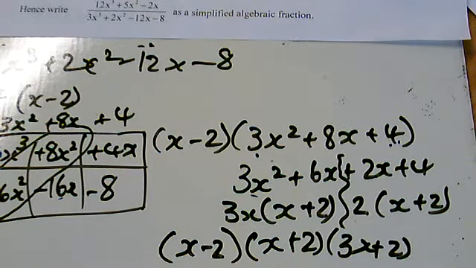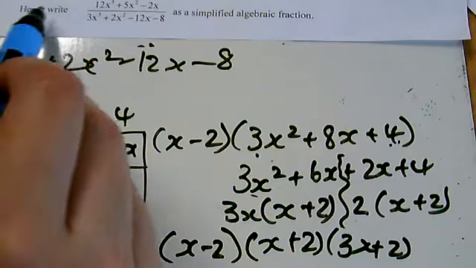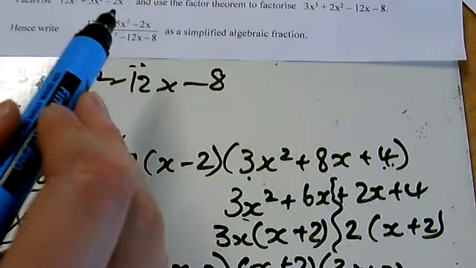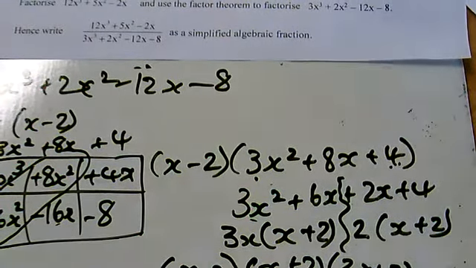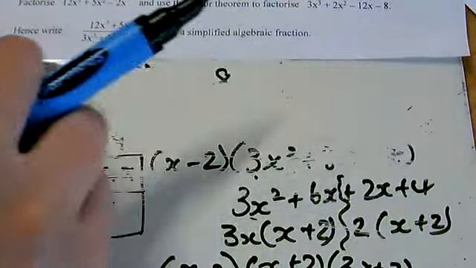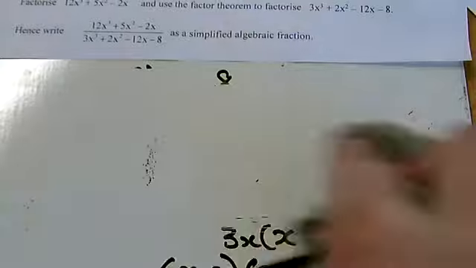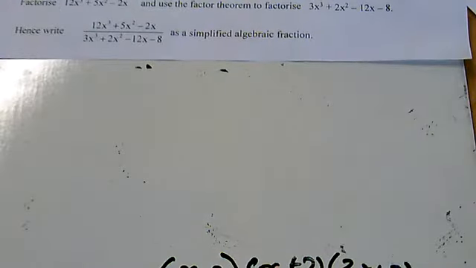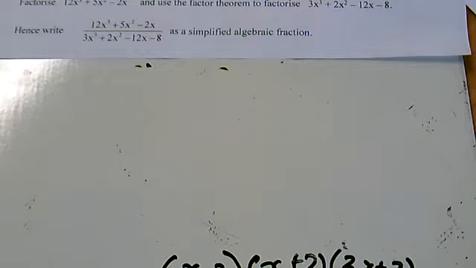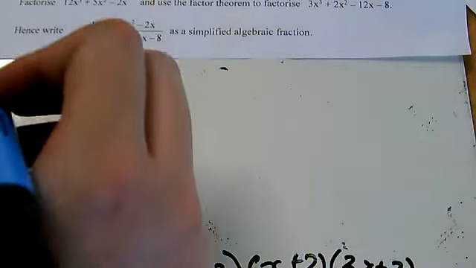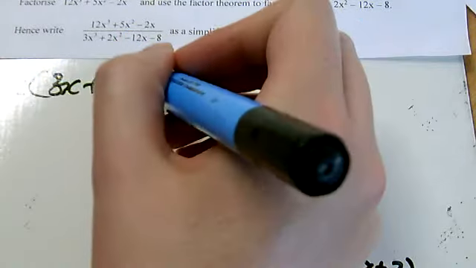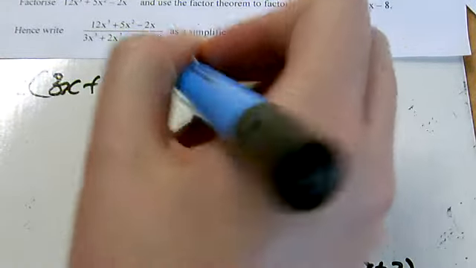Okay, so using that, it says hence, so we're meant to use what we've just done. We need to simplify this fraction up here. So using this fraction then, the top we have already simplified to x, 3x plus 2 and 4x minus 1, because it was this part.